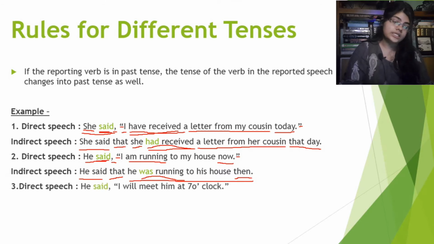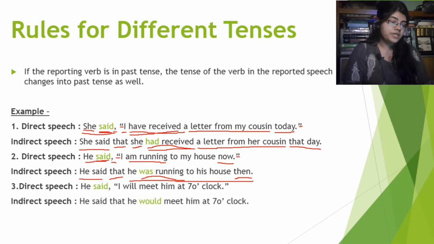Now, the next example. He said, "I will meet him at 7 o'clock." In indirect speech: He said that he would meet him at 7 o'clock. Again, "he said," comma will be replaced by "that."